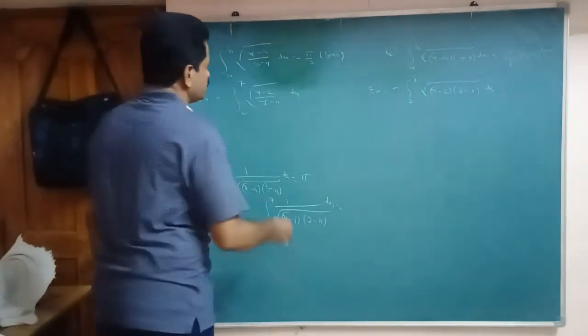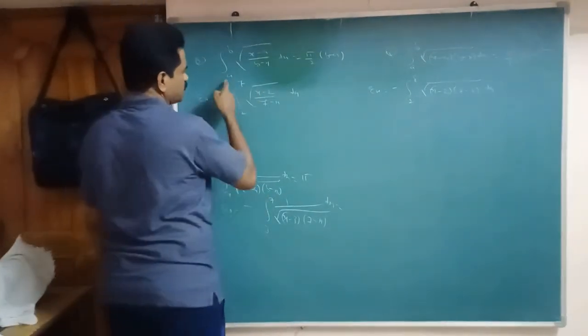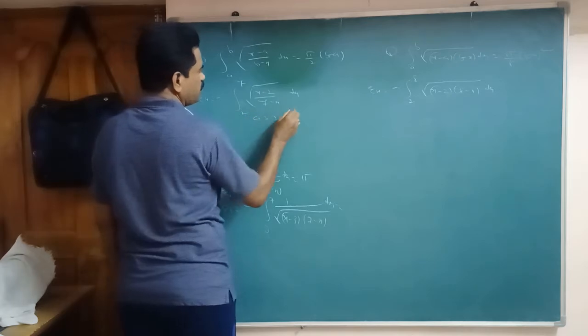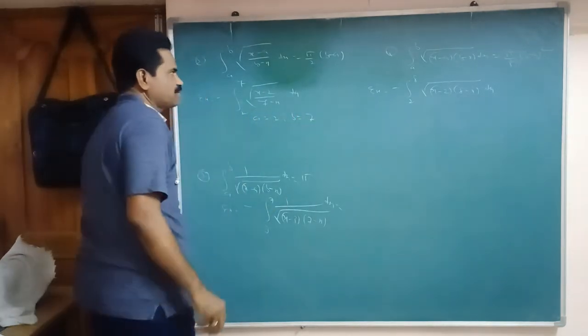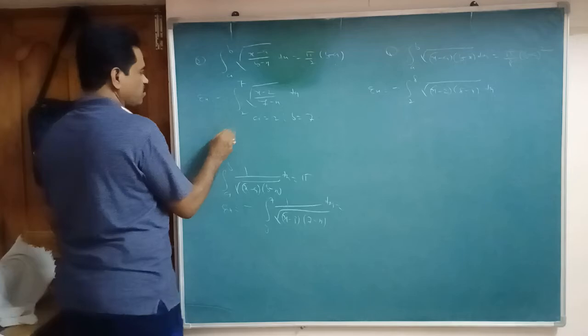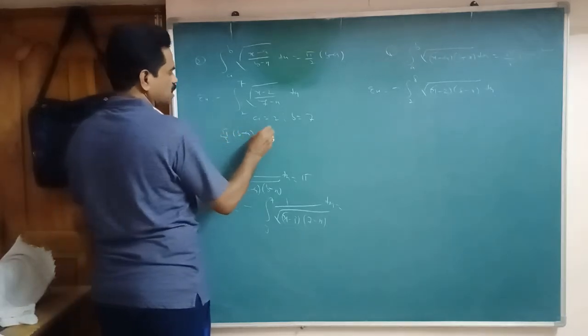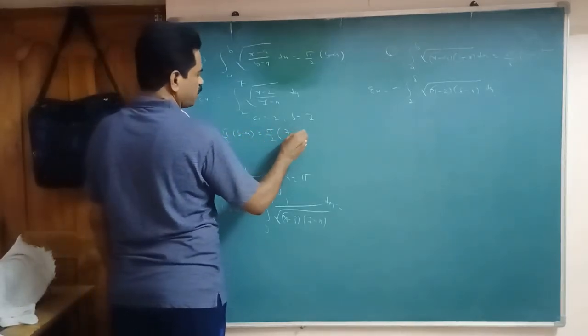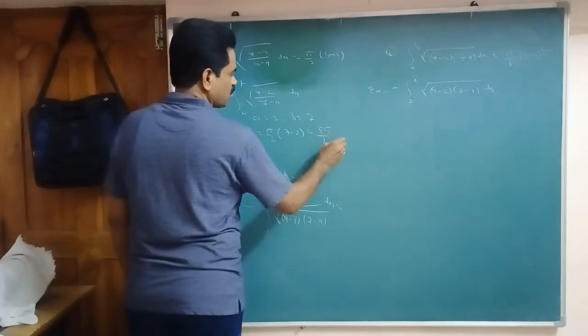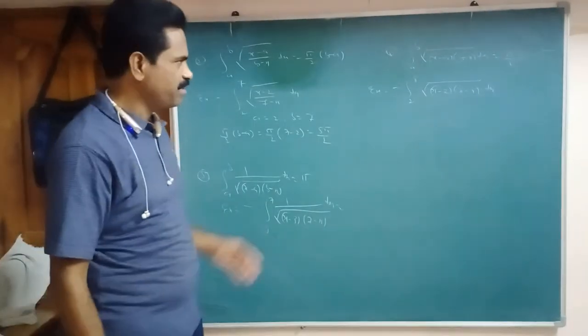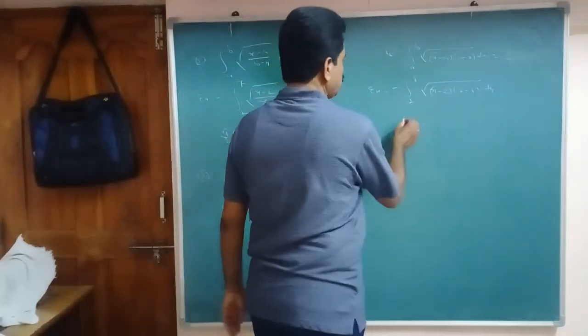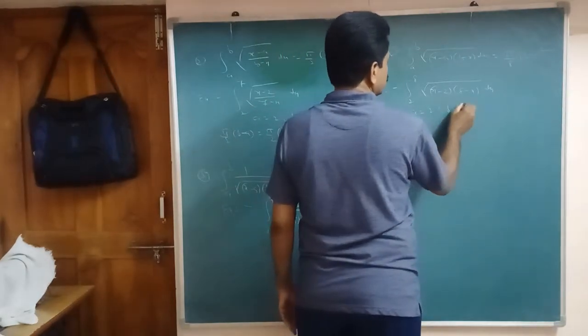Here, comparing with root x minus a by b minus x, a is 2 and b is 7. Substitute in the formula pi by 2 into b minus a: pi by 2 into 7 minus 2, that is 5 pi by 2. Same here also: a equals 2 and b equals 8.